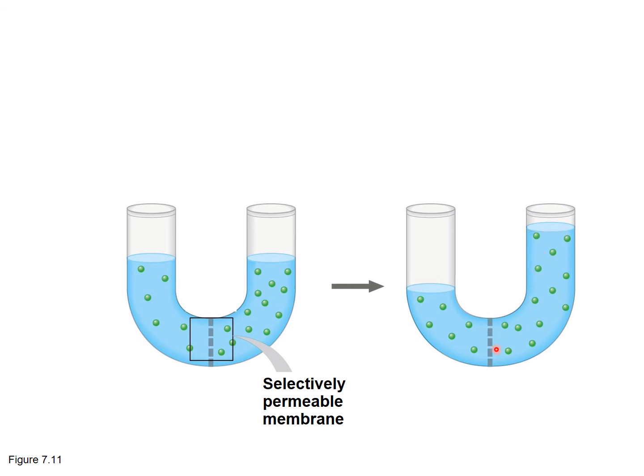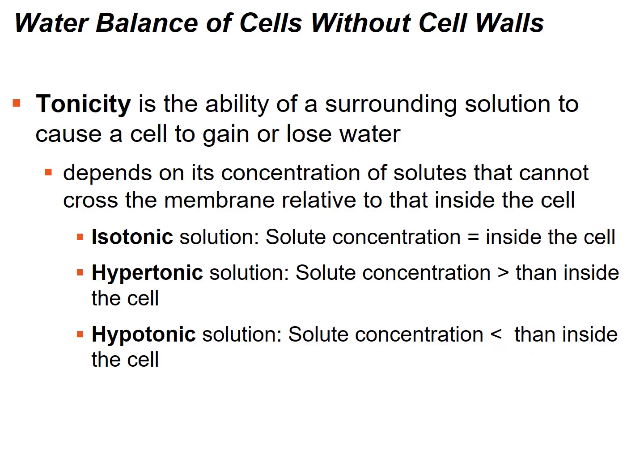So if the water moves to the right until it reaches equilibrium, the right side of this U-shaped container is going to have a lot more solution in it than the left side because there was more solute there. Since there were more solute molecules, more water needed to move over to that side in order to make the concentration, which is the amount of solute per volume of solution, equal.